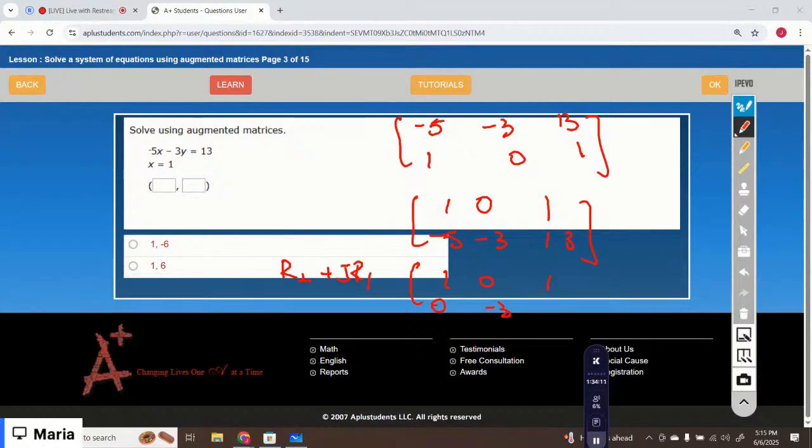Now we need to make 0 here. 13 plus 5 is 18. You can do negative 1 by 3 R2, so 1, 0, 1, 0, 1, and negative 6.